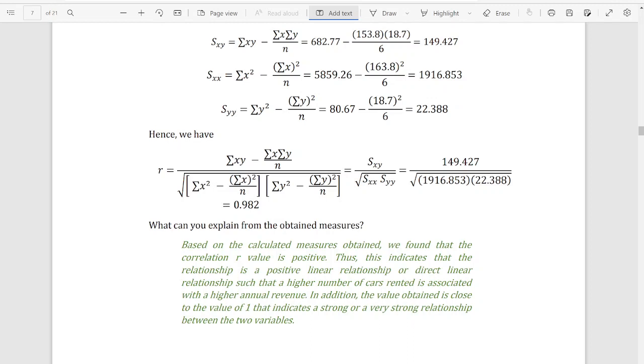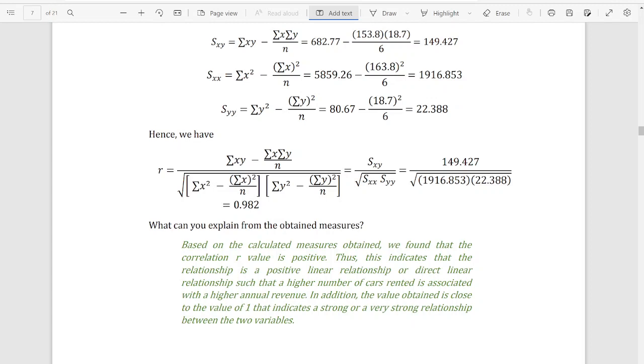Okay, between the two variables, right? So what can you explain from the observed measures? Based on the calculated measures obtained, we found that the correlation R value is positive. Does this indicate a positive linear relationship, or a direct linear relationship, such that a higher number of cars rented is associated with a higher annual revenue?